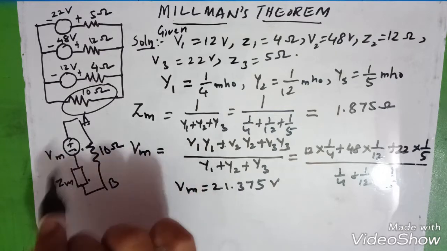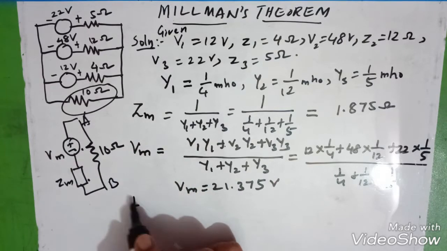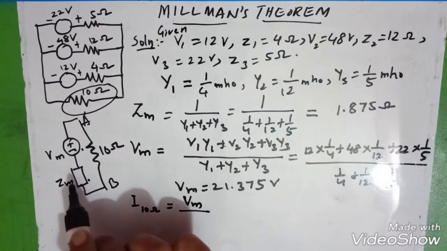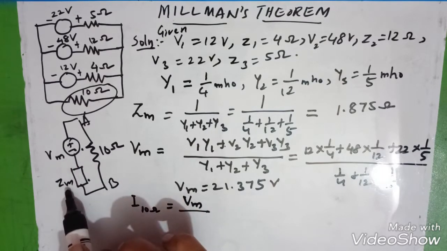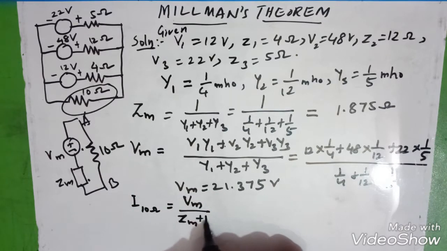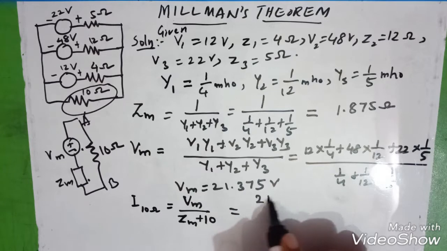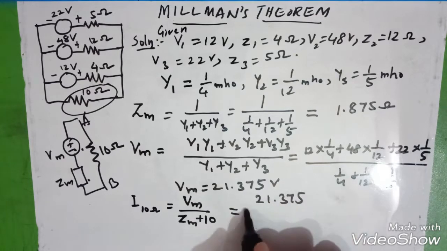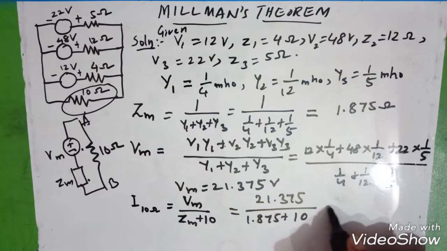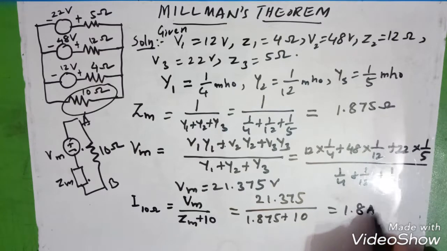You have to find the current through this resistance, I 10 ohm, which is equal to V by impedance, Vm divided by Zm plus 10 ohm. So Vm is 21.375 volt divided by 1.875 plus 10. If you work out the value, you will get 1.8 ampere.